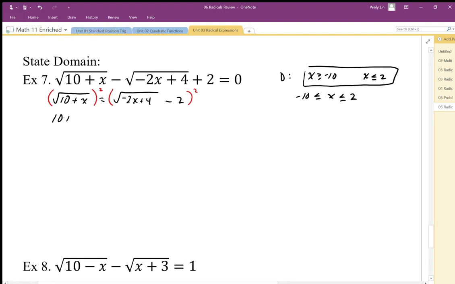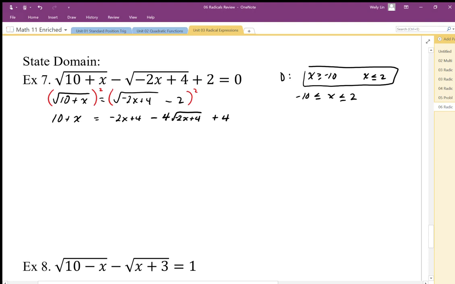So 10 plus x, we end up with the square root of that squared, so we end up with -2x plus 4 minus 2 minus 2, so -4. And then -2 times -2 gives us a +4.